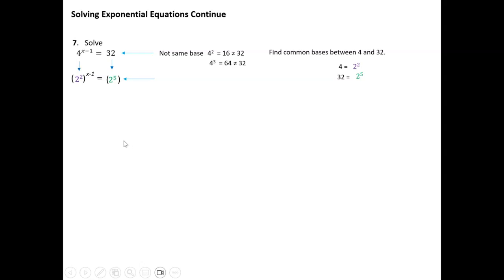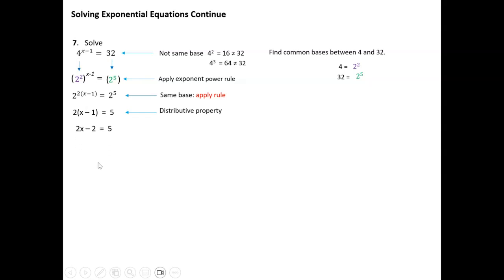Now on the left side, we apply the exponent power rule. When you have a power to a power, you multiply the powers. So now we got the same base, so we let the exponents equal each other. We can apply the rule. We distribute. So that gives us 2x minus 2 equals 5. We add 2 to both sides.